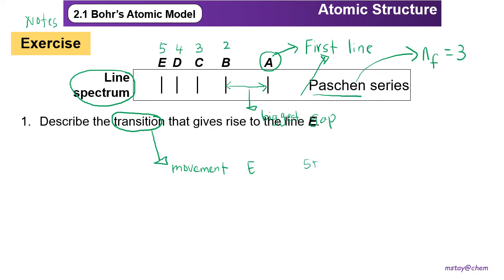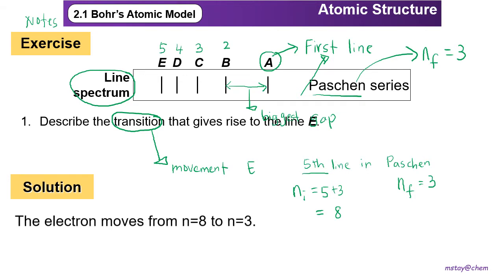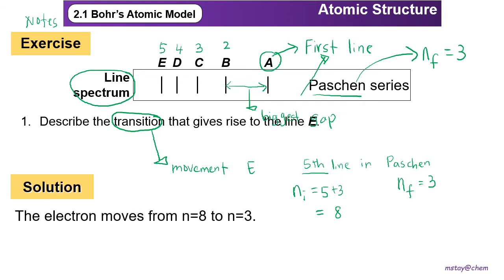So the fifth line in Paschen series. So Paschen, n final equal to 3. Fifth line means that the initial is 5 plus 3, so it's equal to 8. So for the first question, the electron will drop from n equal to 8 to n equal to 3.